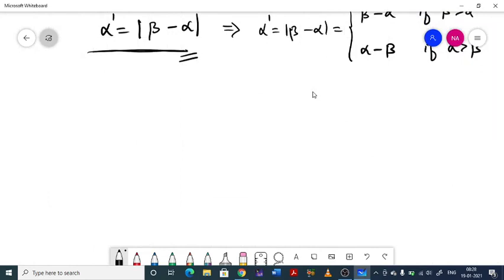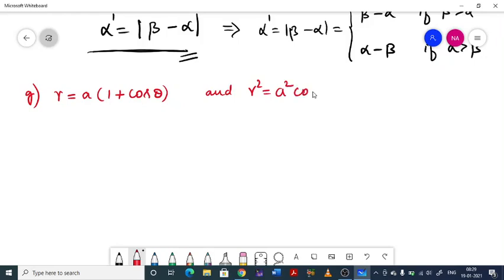So there are a few more problems still we need to discuss. I'll give these problems as exercise. r equal to a times of 1 plus cos theta and r square equal to a square cos 2 theta.